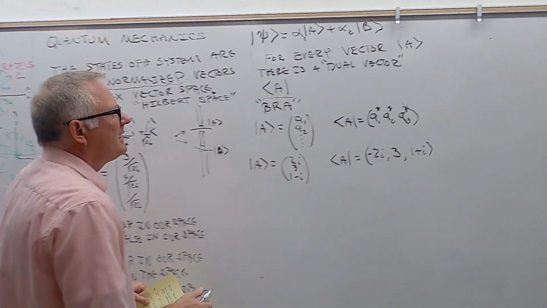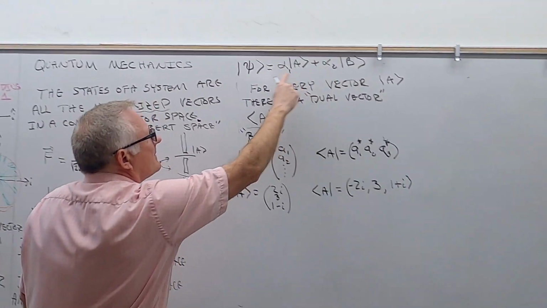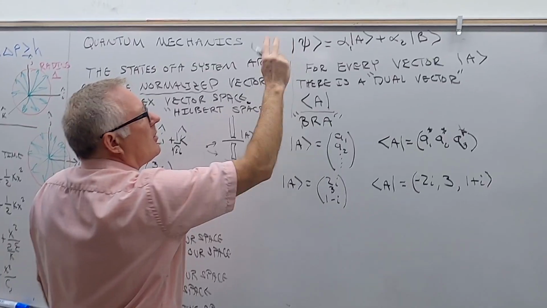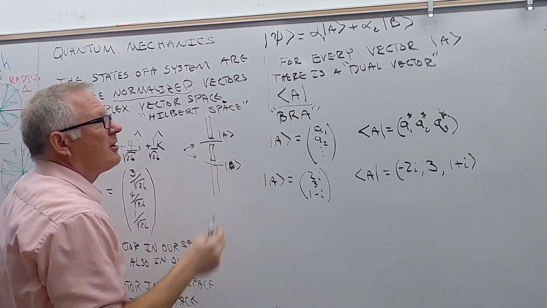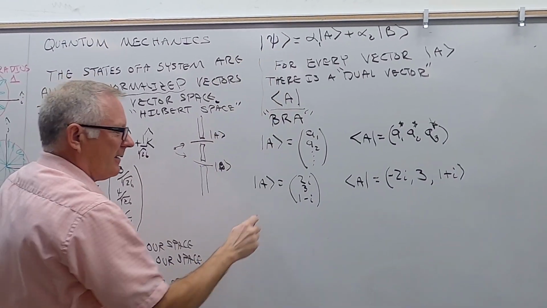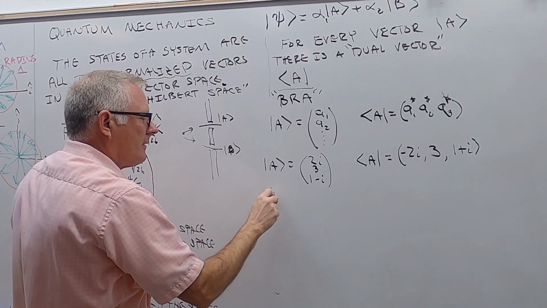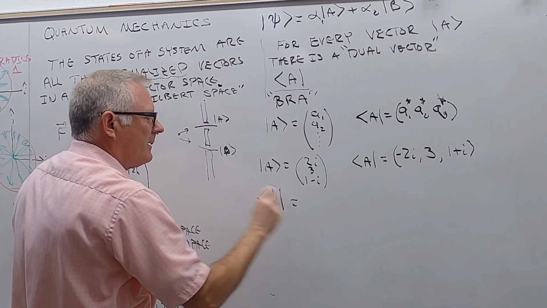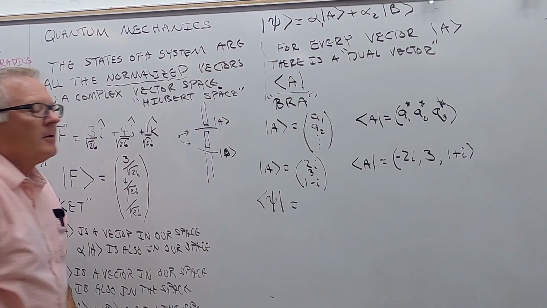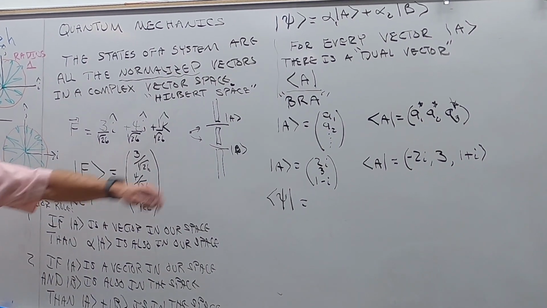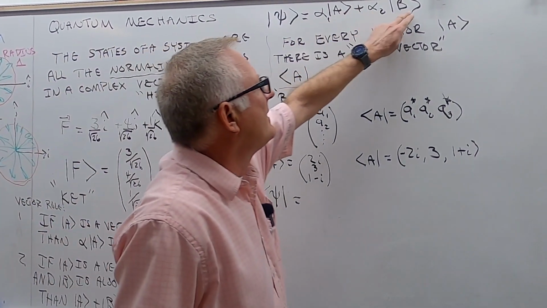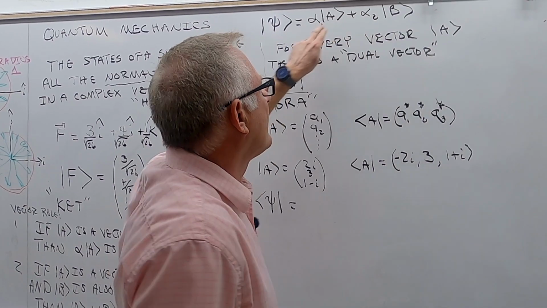What happens if it's written like this right here? What's the bra of psi? That is, what is this right here for this? Well, you turn all of these kets into bras, and you turn these coefficients into complex conjugates.